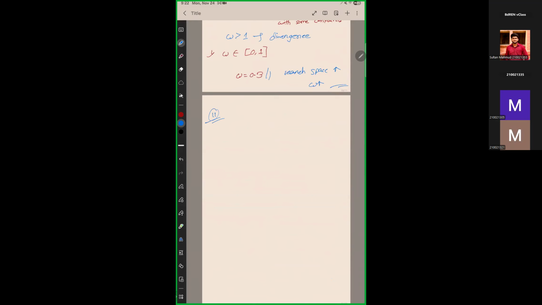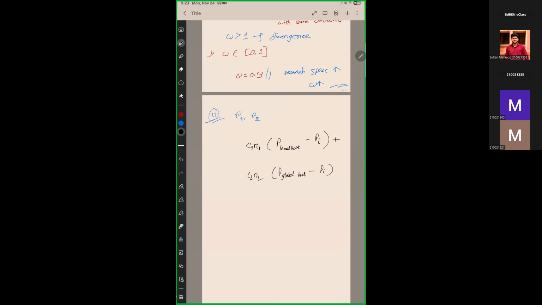We have our R1 and R2. See, the equation was like this: C1 R1 into P local best minus Pi plus C2 R2 into P global best minus Pi. So this is the vector direction, vector summation.